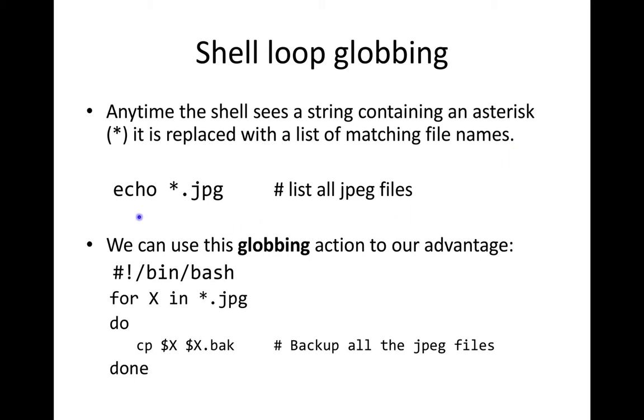Here's a simple example where I have a shell script statement. I'm using the echo statement, so I'm going to print out, in this case, a list of JPEG files in my current working directory. When the interpreter encounters the asterisk character, it immediately replaces this value with a set of matching files in my current directory.